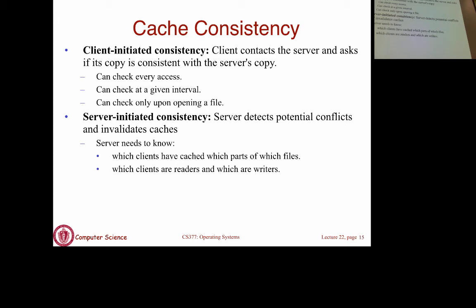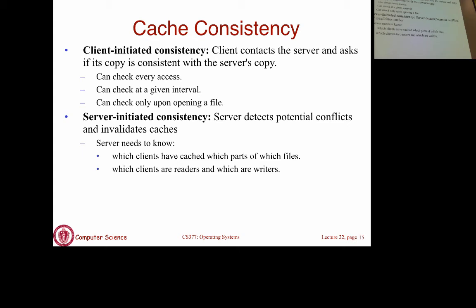The second thing you will do is you will basically have to decide what parts of the object are changed and when do you send them over. And what is shown here is you can implement cache consistency either at the server or the client, which means it's either the job of the server to ensure that the primary is up to date with the cached copy, or if it is client initiated, it is the job of the client. Right?